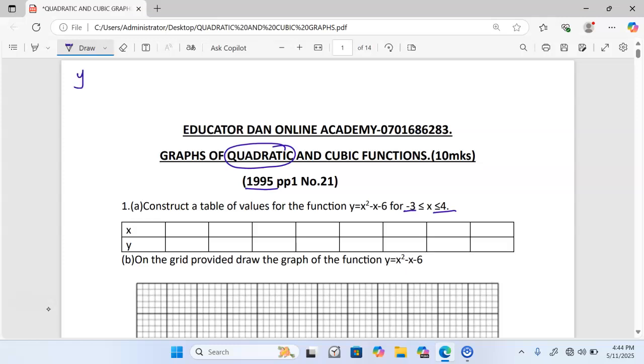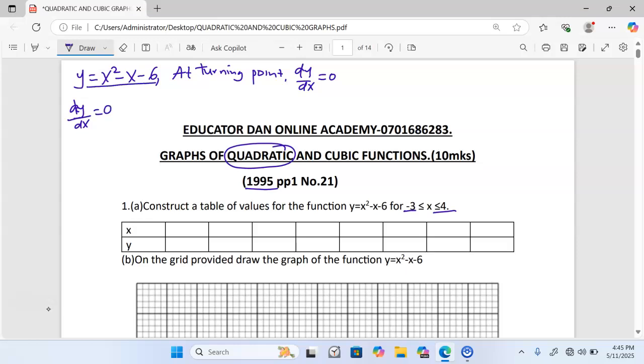We have the given function y is equal to x squared minus x minus 6, and remember these are U-shaped graphs which turn at some point. At the turning point of a curve, dy over dx is always equal to 0, so I'm going to start by getting the point at which this curve turns.